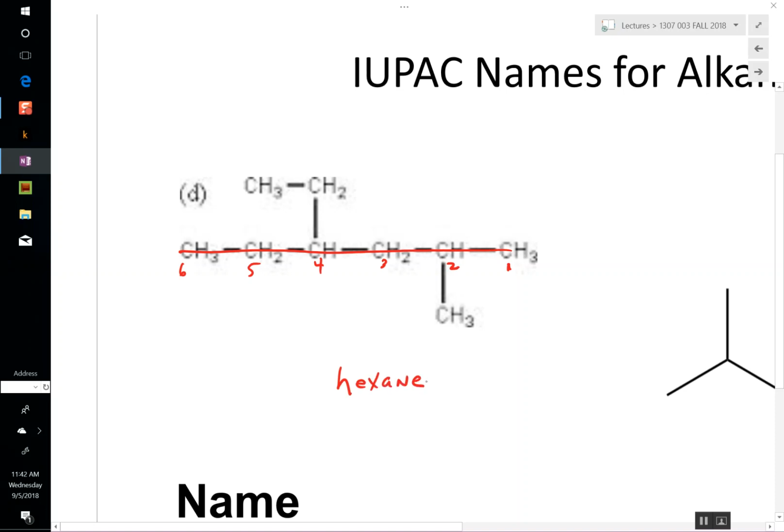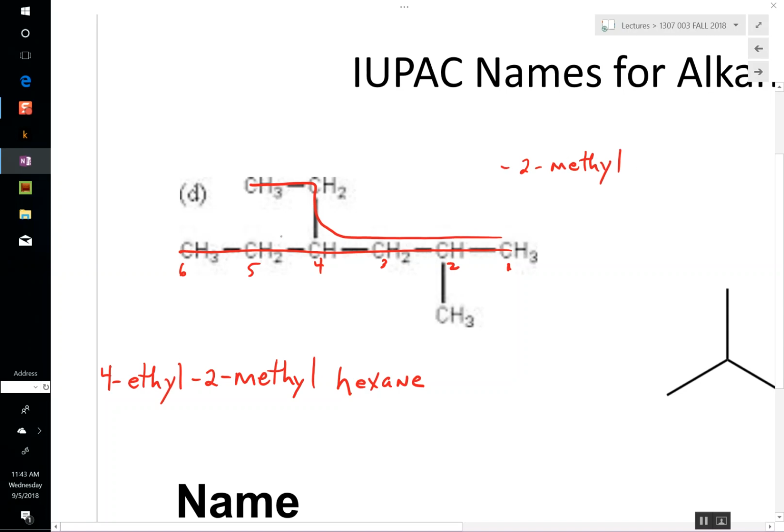Would it be 4-ethyl 2-methylhexane? Yeah, 4-ethyl 2-methylhexane. Okay? What if we went up? Now, if you went up, let's look at that. If you went up here like that, you would still have your methyl on the 2nd carbon, right?